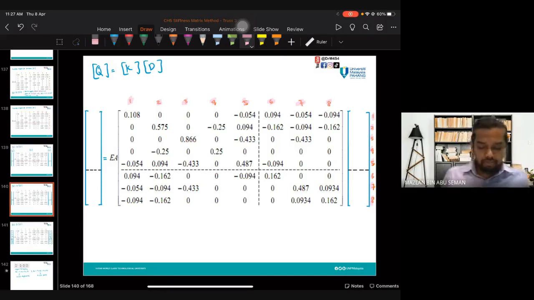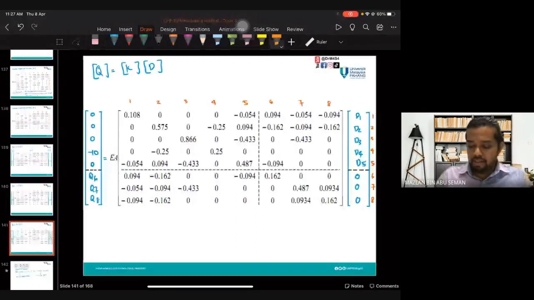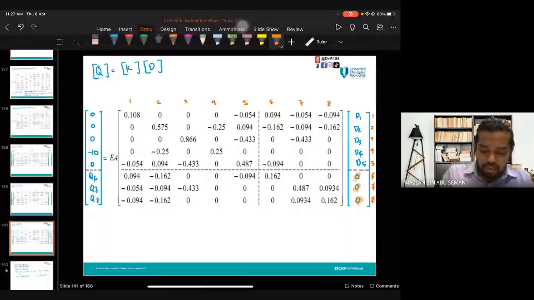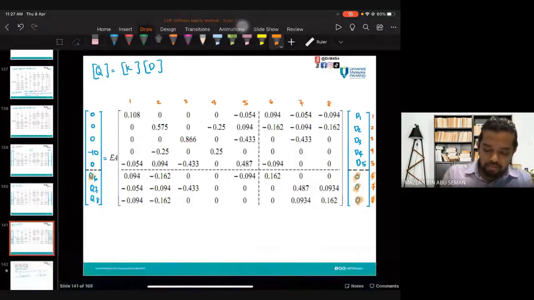Then we know the boundary condition given. Displacement at 6, 7, 8 is 0, so 0, 0, 0. That means Q6, 7, and 8 are unknown.